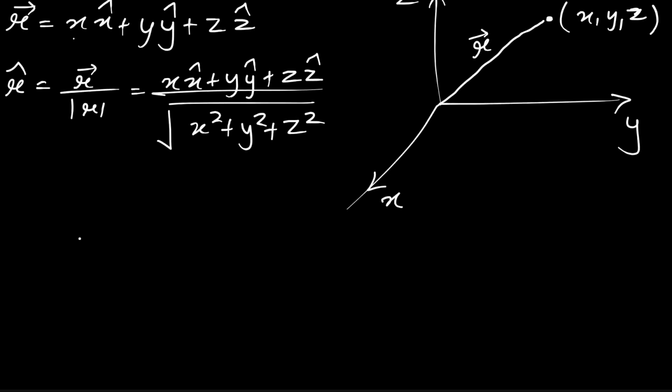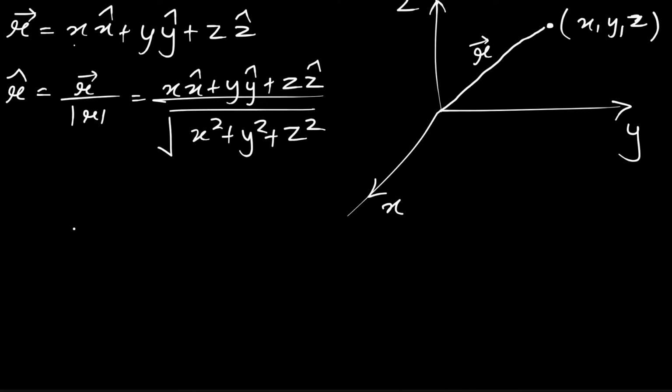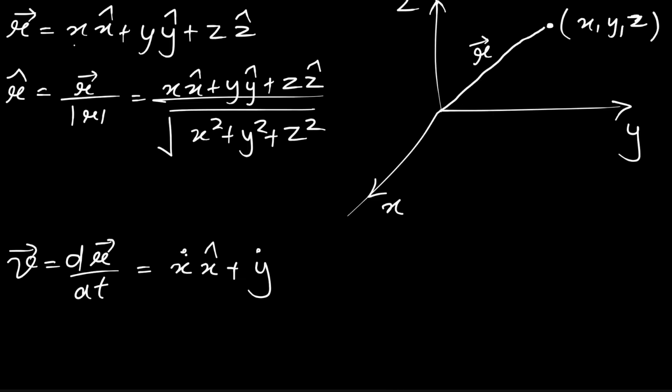Then the other is the velocity vector. Let's suppose you have to find the velocity vector, then you have to differentiate with respect to time. I am simply taking the vector, then obviously you get x dot x cap plus y dot y cap plus z dot z cap. I think you know the meaning of the dot.